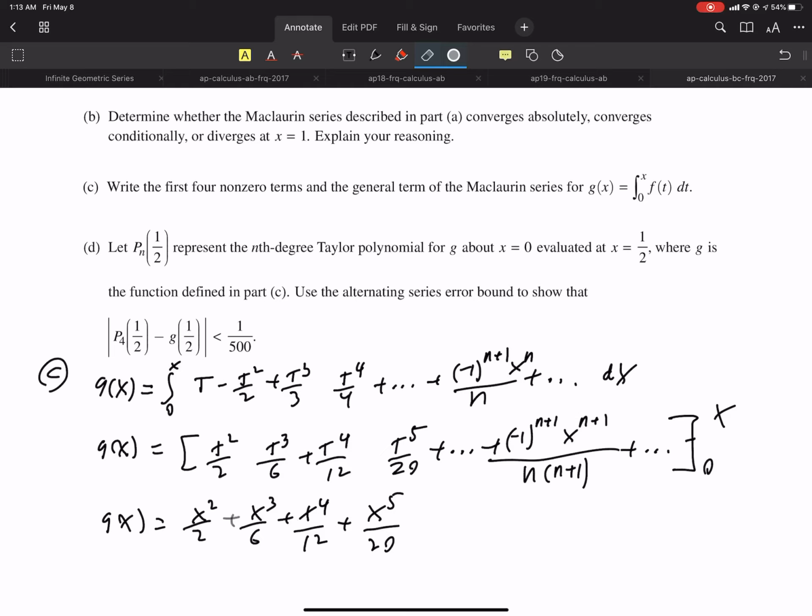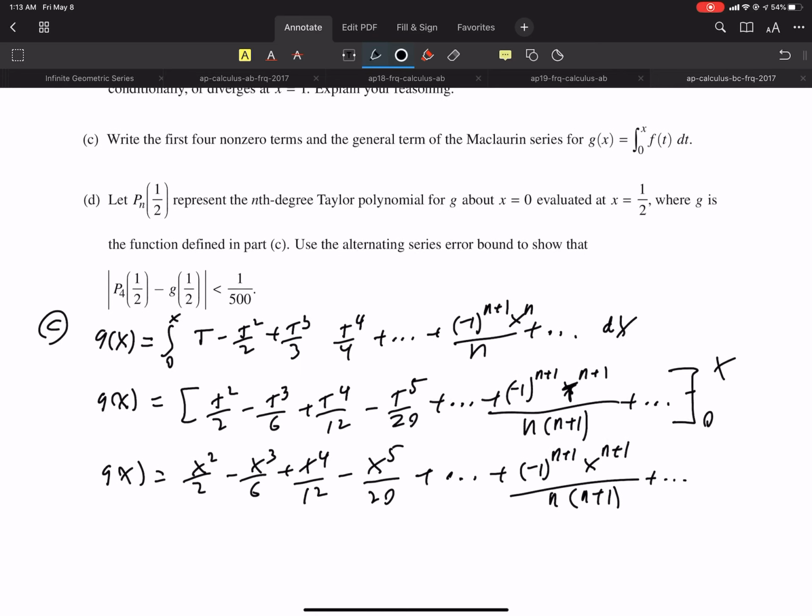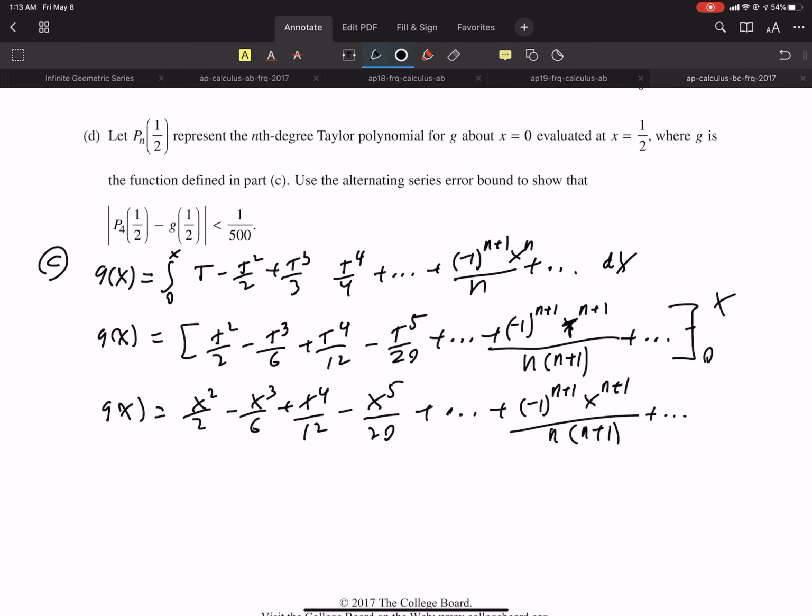Okay, plus dot dot dot, plus negative 1 to the n plus 1 x to the n plus 1 over n times n plus 1, plus dot dot dot. Okay, write the first 4 terms and the general term. So that should be it. Let me check to make sure I got the answer they have. It looks beautiful.